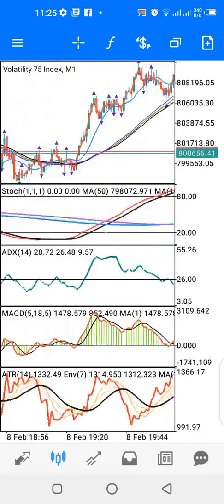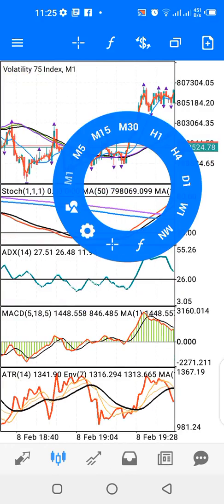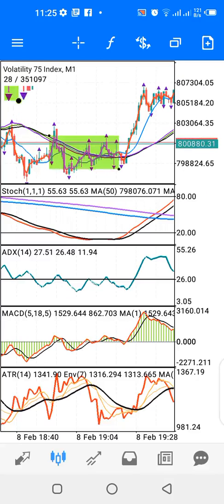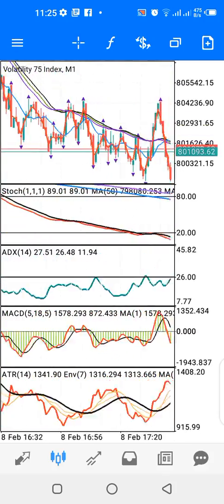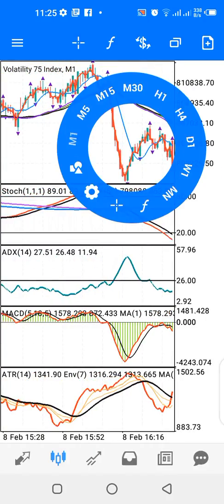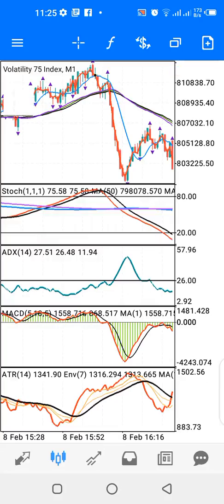But when they cross up, you have a buy, like what you have around here. When they cross down, like you have a cross down here, you have your sell.